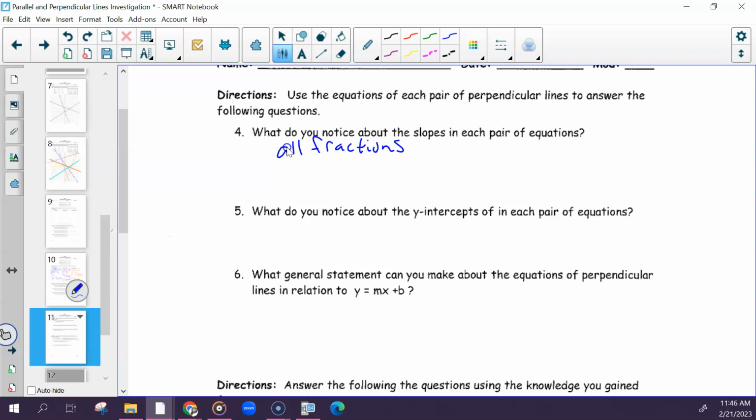Okay, so they're flipped and they have opposite signs. The fractions, that was just our specific examples. Could happen, could not happen, but they usually are both flipped. They usually both have opposite signs.